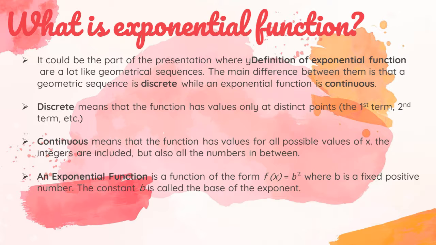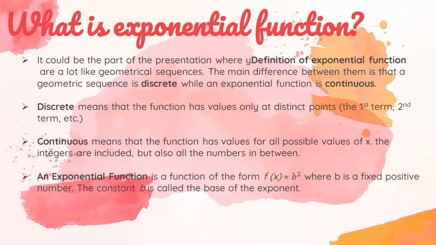The main difference between them is that a geometric sequence is discrete while an exponential function is continuous. So we have a meaning for discrete. Discrete means that the function has values only at distinct points. For example, the first term, second term, and etc. So, continuous means that the function has values for all possible values of x. The integers are included, but also all the numbers in between.